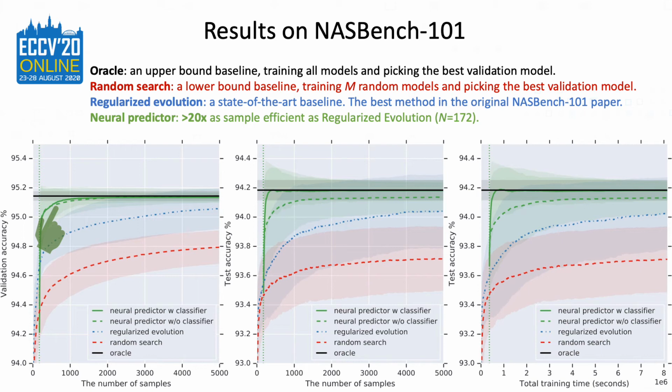Our results show that Neural Predictor is more than 20 times as sample efficient as regularized evolution and approaches the upper bound for test accuracy after about 350 samples. In this example, we use n equal to 172 models to build the predictor. This is the vertical line in the figure where we start to train top K predicted models.